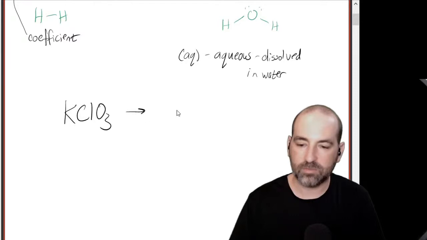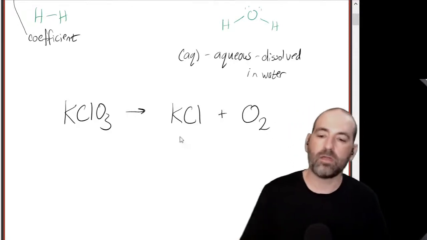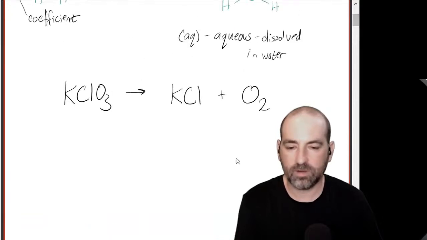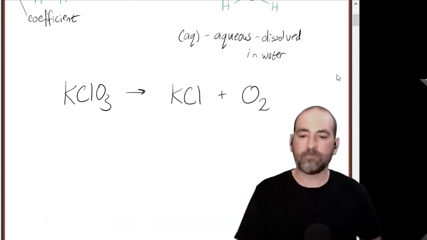So we've got potassium chlorate decomposing into potassium chloride and oxygen. I believe this would go solid to solid and gas, but the states aren't given, so we'll just leave them like that.